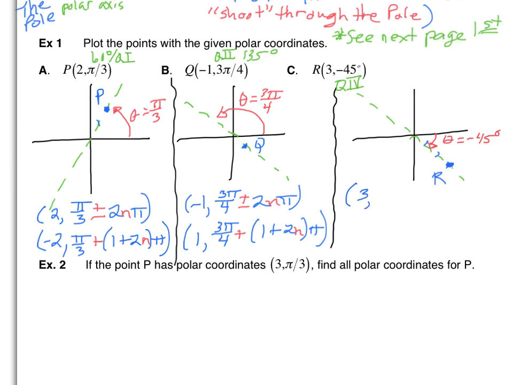Keeping it the same. This one's a little bit tricky. It's a little different, and I actually didn't test this out on MathXL, but this is (3, negative 45 degrees). And then we would be adding or subtracting not 2 pi, but what? 360 degrees n. So if it's in degrees, you want to keep it in degrees? Yep, if it's in degrees, you want to keep those revolutions that you're adding in degrees.